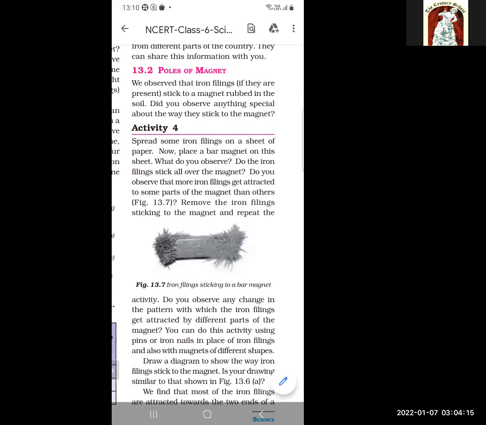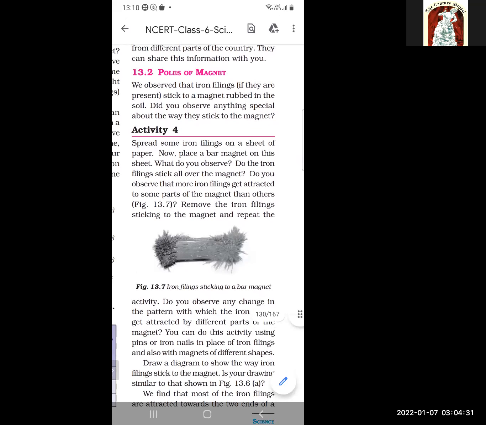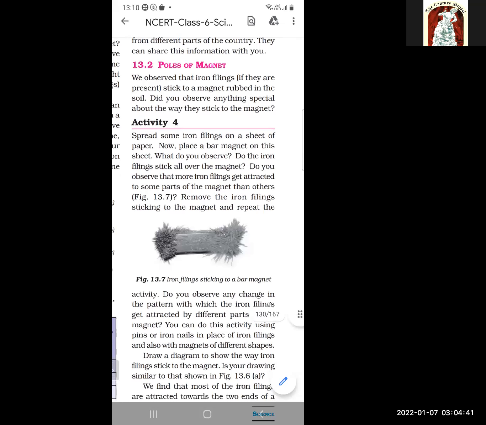Then we spread some iron filings on a sheet of paper, and we find that the iron particles stick to the ends of the magnet, and these ends are called poles of the magnet.